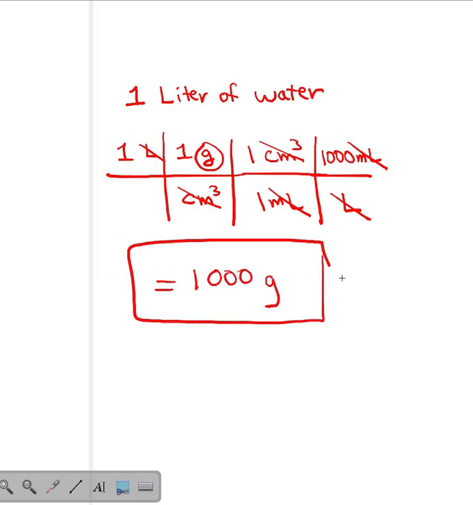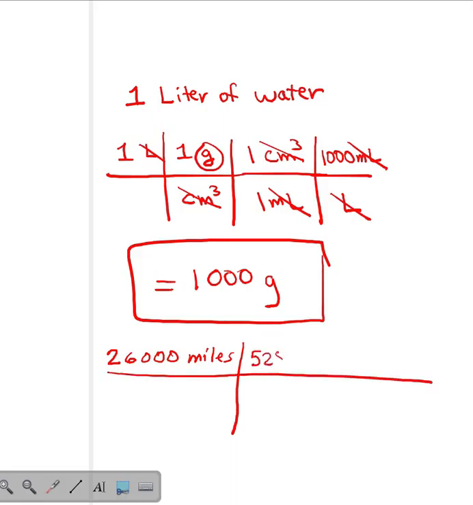Okay, another slightly more complicated example of this would be when we had 26,000 miles circumference of the Earth, and we wanted to know how many inches there were. Well, there's 5,280 feet per mile. And let's suppose we want to know how many centimeters are the circumference of the Earth.